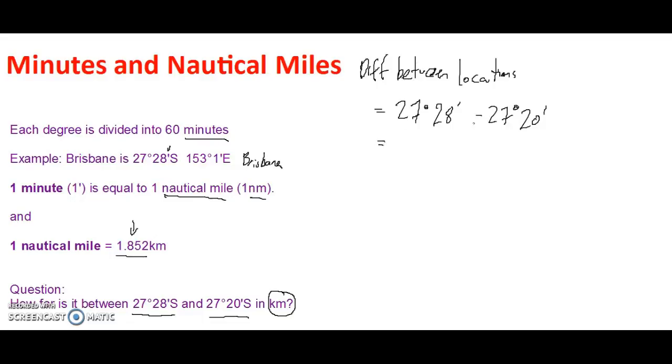Okay, 27 take 27 is going to be 0 degrees, and 28 minutes take 20 minutes is going to be 8 minutes. Okay, 8 minutes difference.